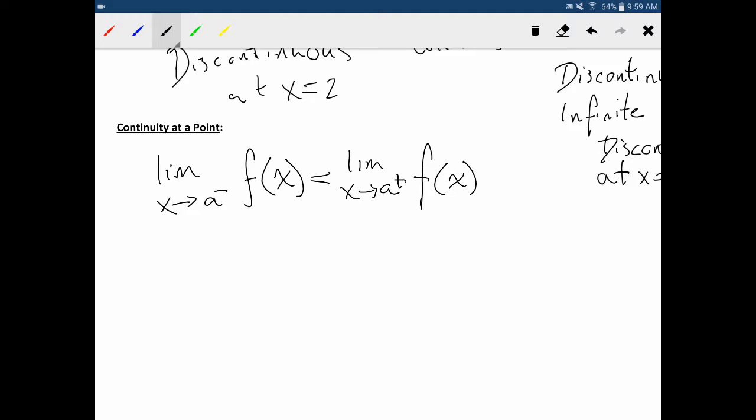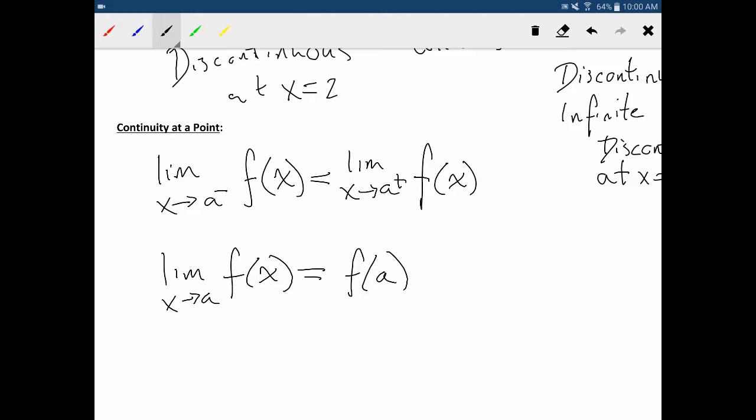So you'll notice that is just another way of saying that the limit must exist at that point. But what's more than that, also the limit as x approaches a of f of x must equal f of a.